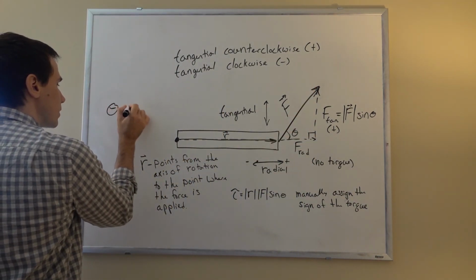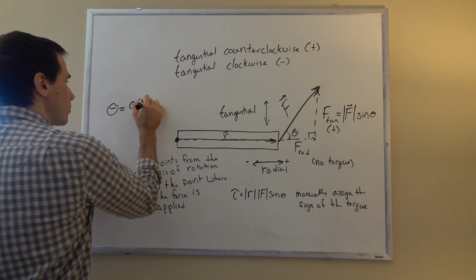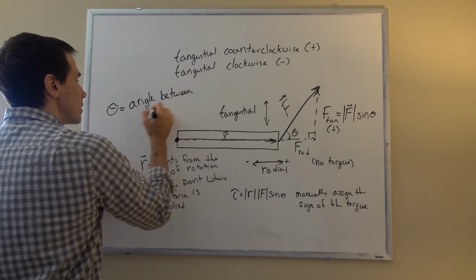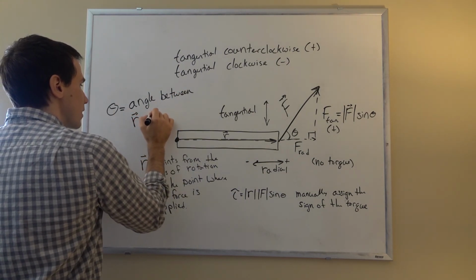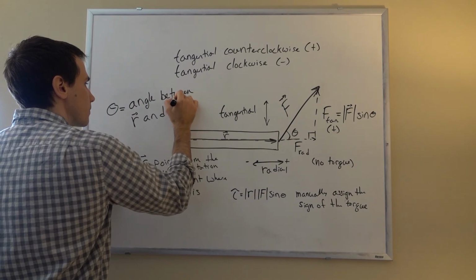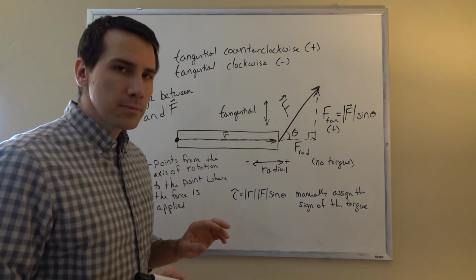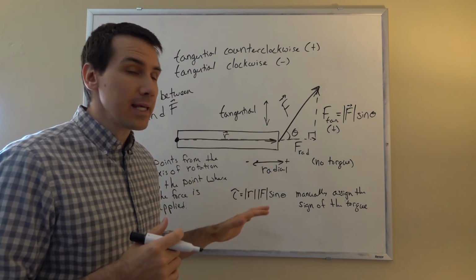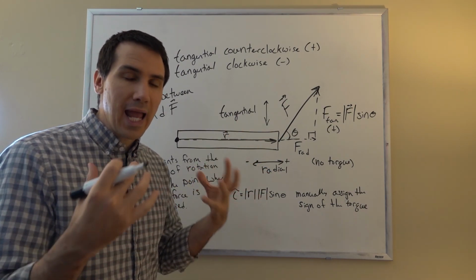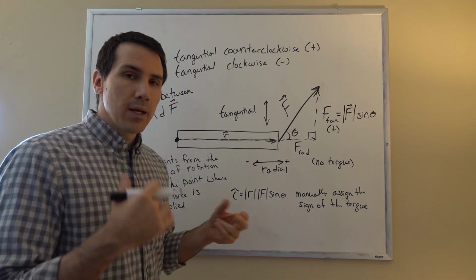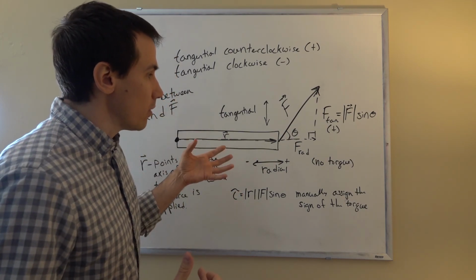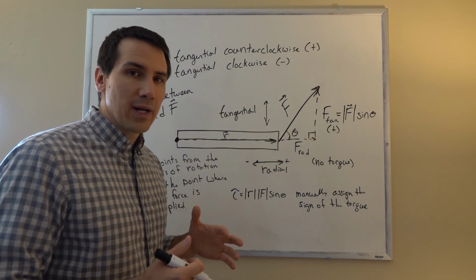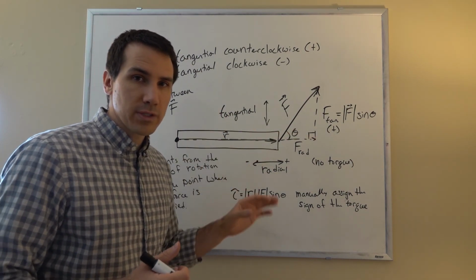So theta is the angle between my R vector and my force vector. And figuring out this angle is going to be key to finding the torque in any arbitrary situation. Now let's look at an example where we're not completely horizontal, and we will figure out how this theta works.